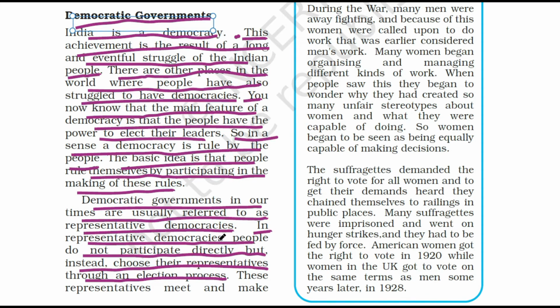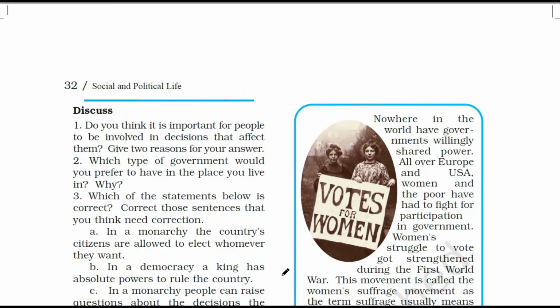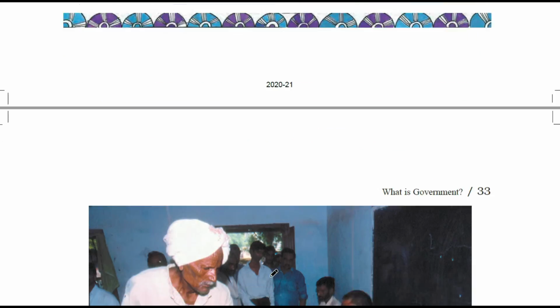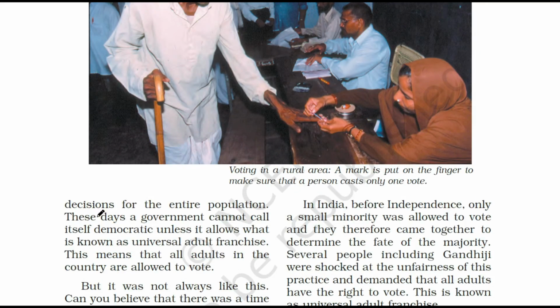So the MPs and MLAs that you see in the parliament, they have been voted to power by the common citizen or the average citizen for them to represent our views, our desires, and our wishes to the parliament. So that's what representative democracy means. These representatives meet and make decisions for the entire population.